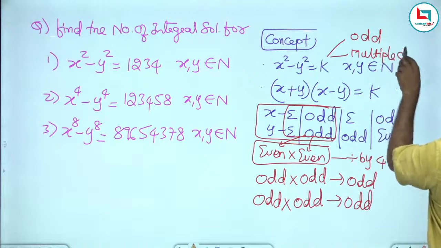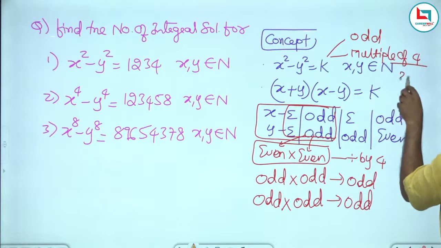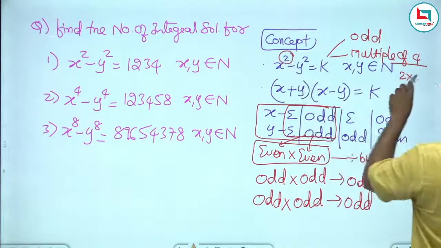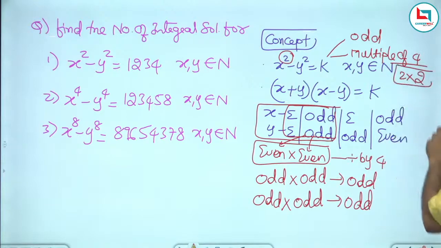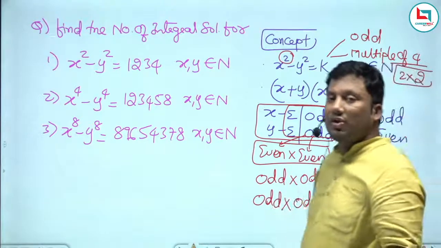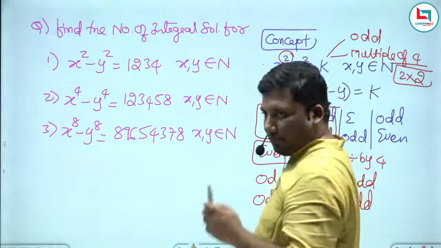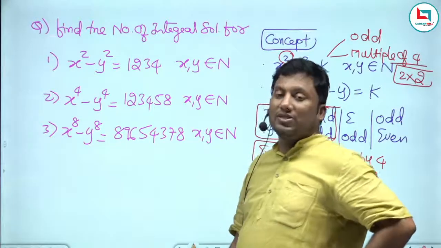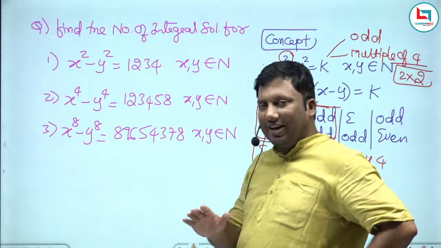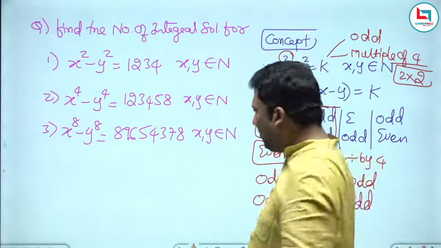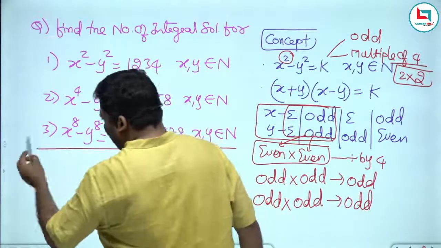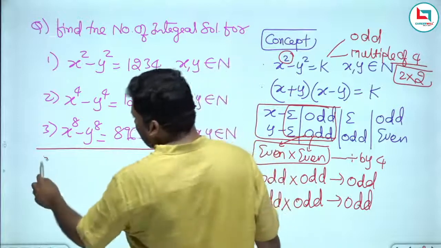This 4 can be written as 2 into 2. You will understand why I am writing 2 into 2. x square minus y square equivalent to k has integral solution when k is an odd number or k is a multiple of 4. Second case also we will see.